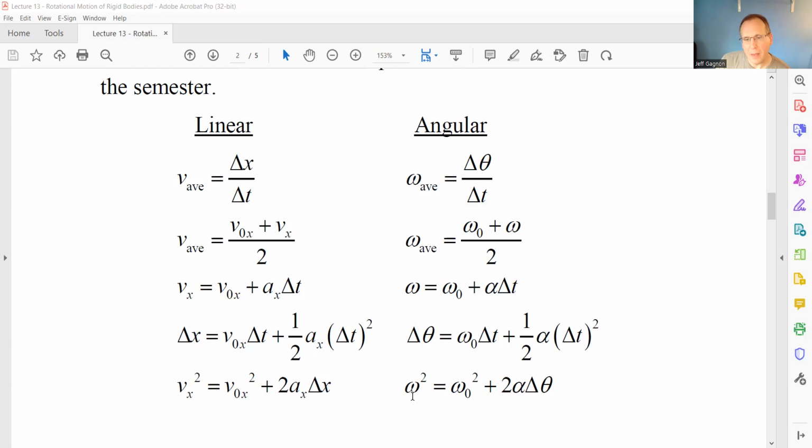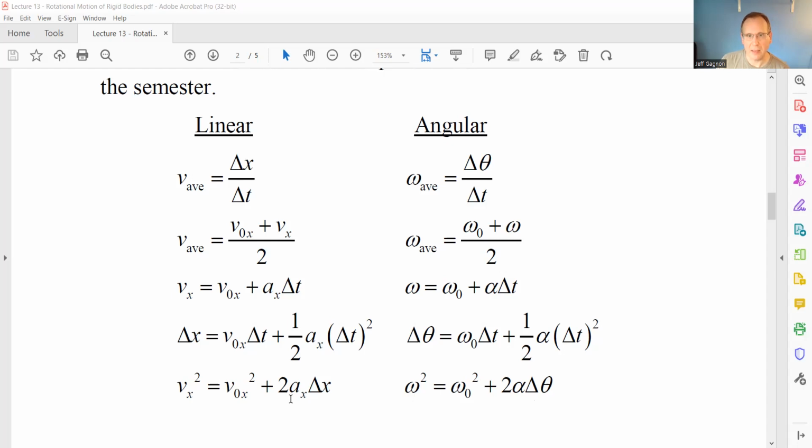And then finally, if I don't want to include the delta t, I can derive this other equation that just involves the angular velocities, the angular acceleration, and the angular displacement. That's analogous to this one. So the final angular velocity squared equals the initial angular velocity squared plus 2 times angular acceleration times the angular displacement.